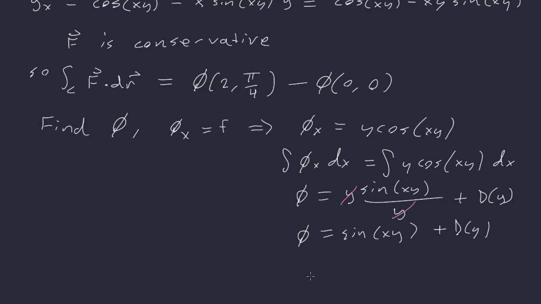Okay, now we're going to differentiate with respect to y. We'll get cosine of xy times x this time plus d prime of y.